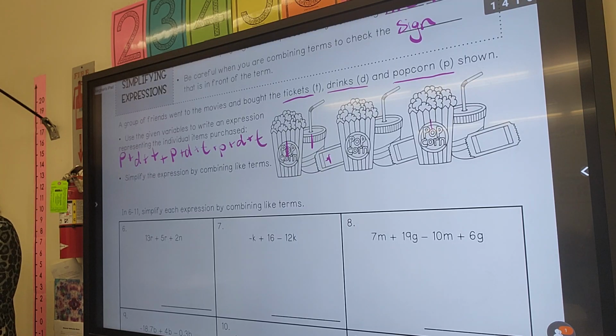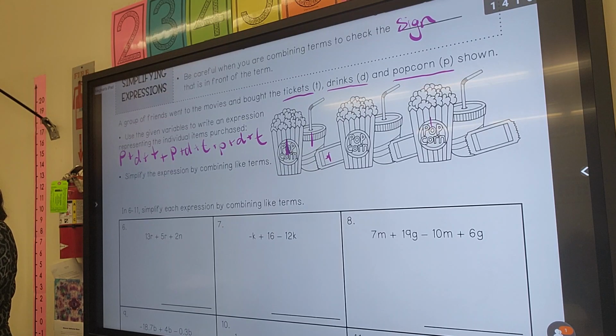So now we're going to simplify that expression by combining like terms. So how many P's do we have? How many popcorns? We have 1, 2, 3. P plus P plus P. So we have 3 P's. Does everyone see that? Yep.